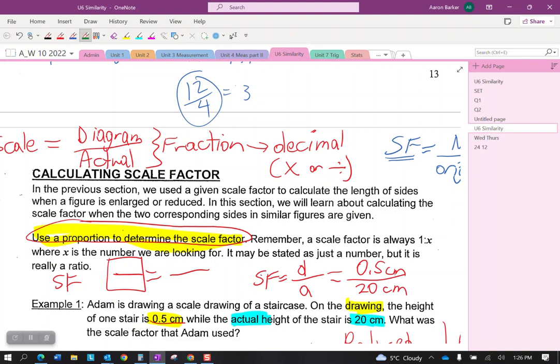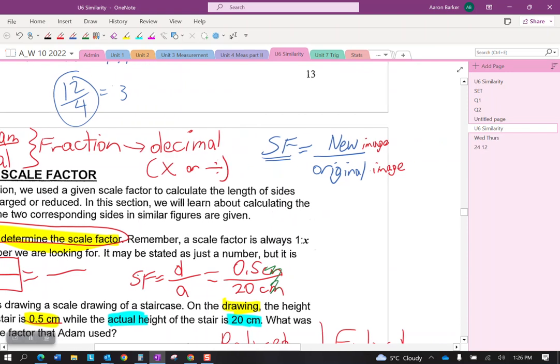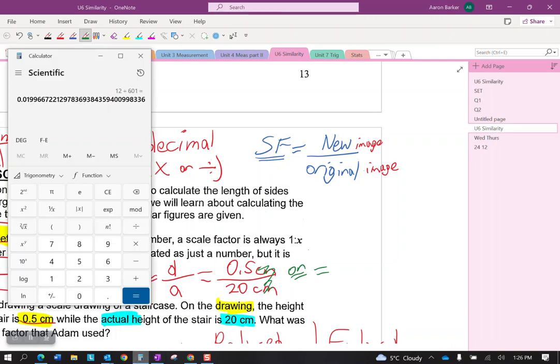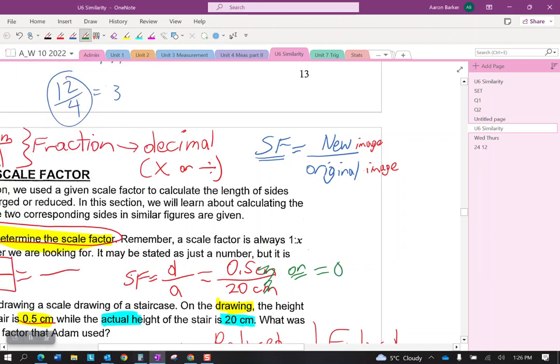The units are the same, so they cancel out, and we can use 0.5 over 20 in our proportion. Or we can turn it into a decimal: 0.5 divided by 20 equals 0.025.